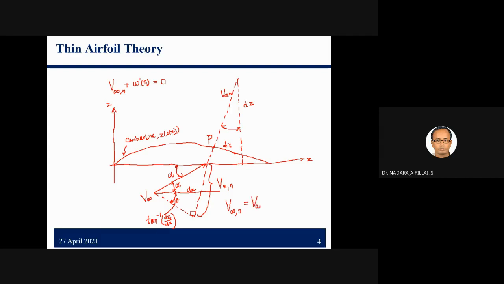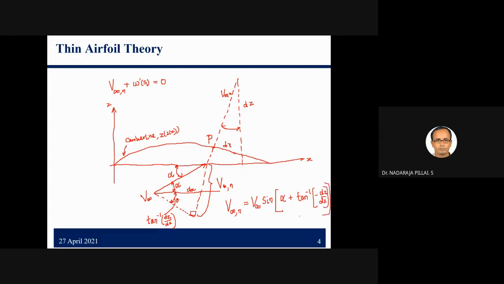v infinity sine alpha plus tan inverse of minus dz by dx.